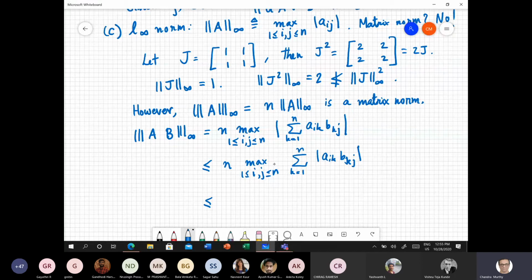That will only increase the value of this summation. I can replace these b_kj with the largest magnitude entry of the matrix B. That will also only increase the value of this summation.